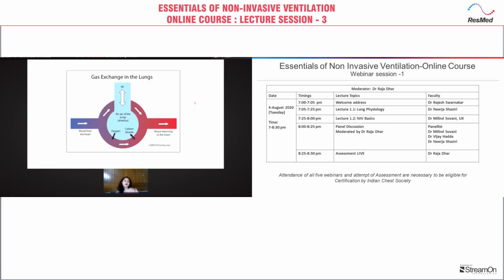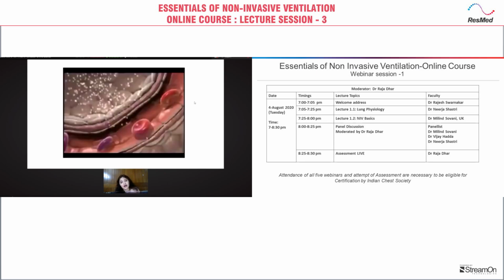That was our pressure and volume. Now another important thing in mechanics is gas exchange in the lungs. It is not just the ventilation, the air coming into the lungs. The oxygen has to get exchanged at the alveolar capillary membrane. Oxygen has to go to the pulmonary blood, and carbon dioxide has to come to the lungs to be expired out.